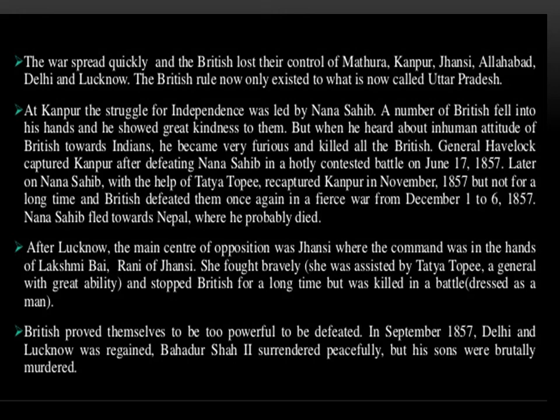In September 1857, Delhi was regained by the British. So the British came again into power and they regained Delhi.